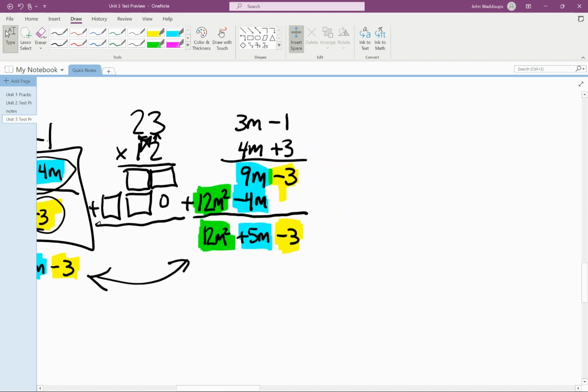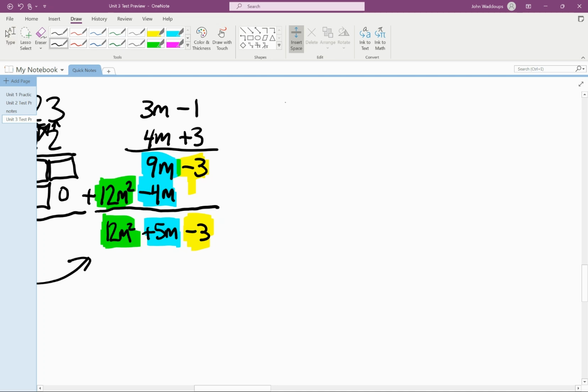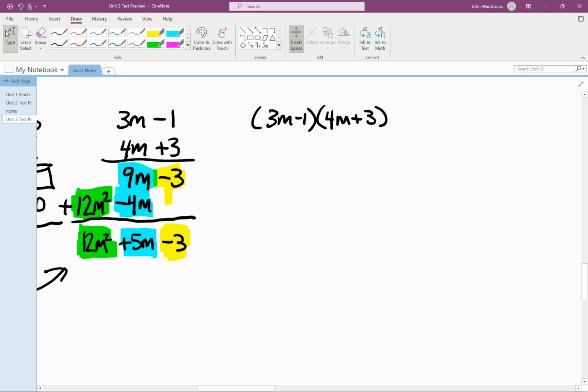And then finally, you could just leave it like it was. 3m minus 1 times 4m plus 3. This is basically the distributive property, but you are using lines to show it. So 3m gets multiplied by each of these two terms, here and here.